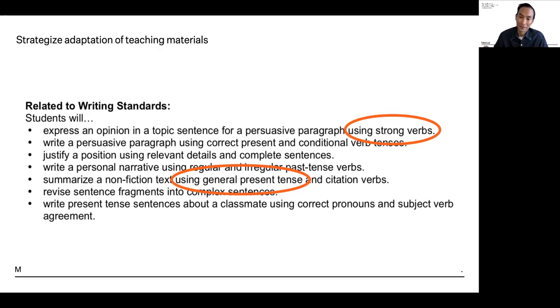And then in the middle of your lesson, have them pair share with a friend, saying something in the present tense. And then at the end, you're giving them an exit ticket to write out the proper form of a verb that you've discussed in the present tense. All while they're summarizing the nonfiction text, right?